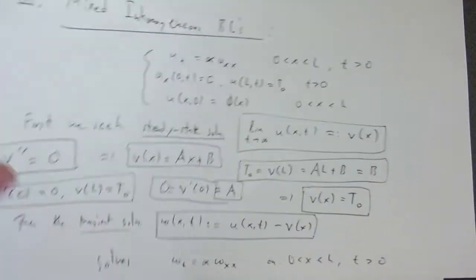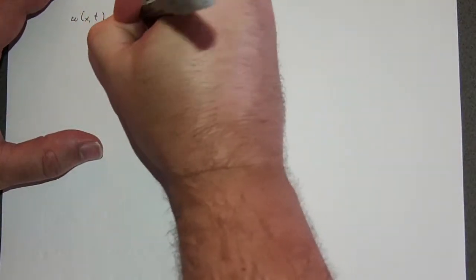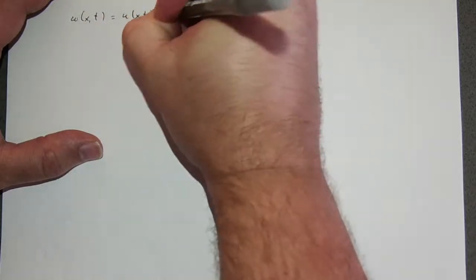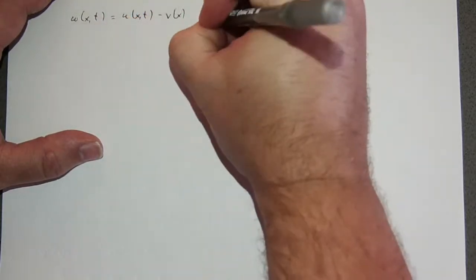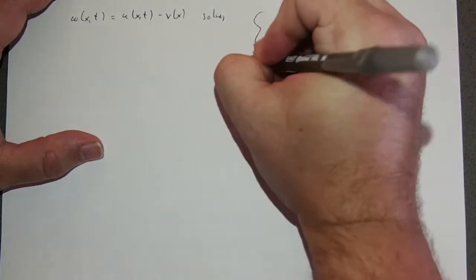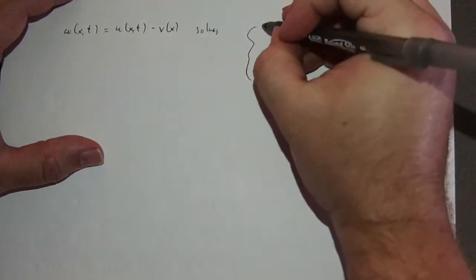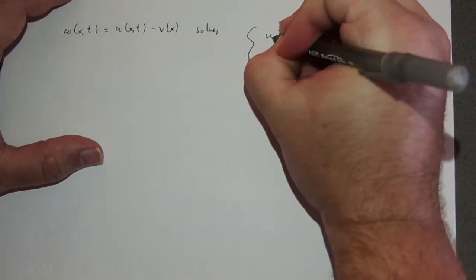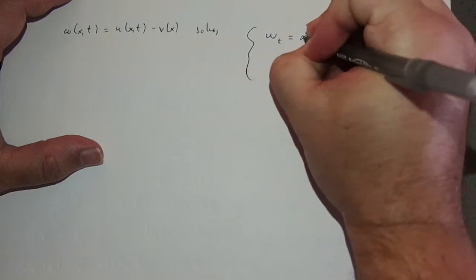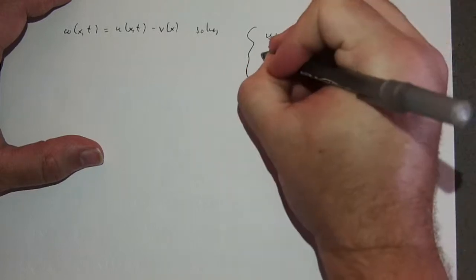And so putting all these things together, w of x,t, which I'll remind you is u of x,t minus v of x, solves the PDE with boundary conditions. So w sub t is alpha w sub xx.